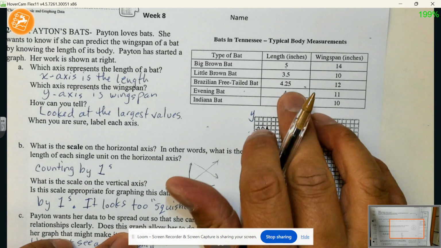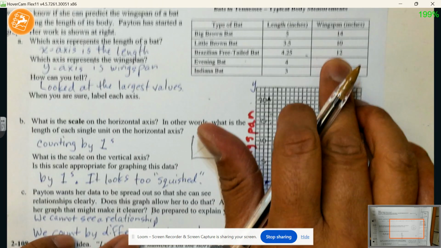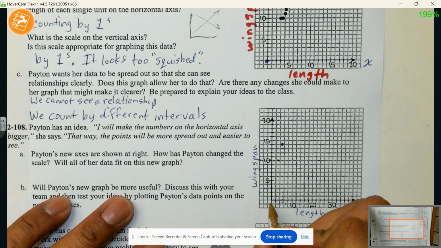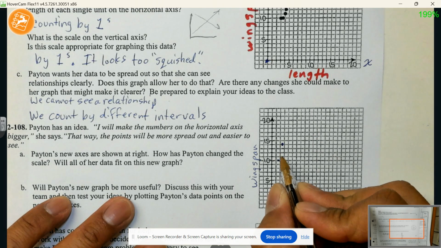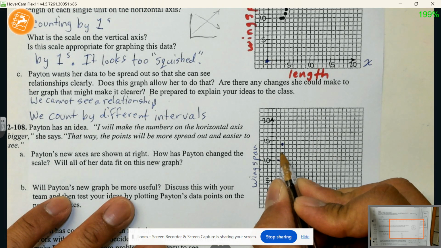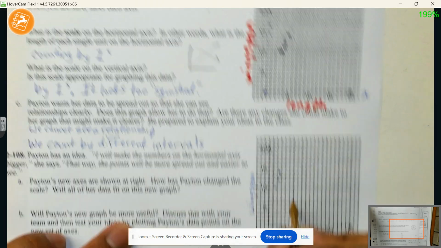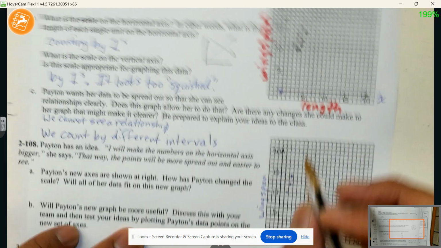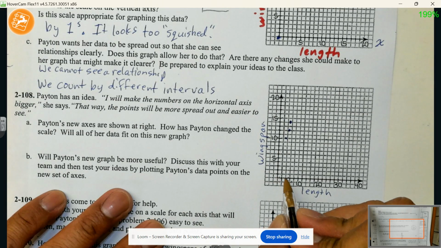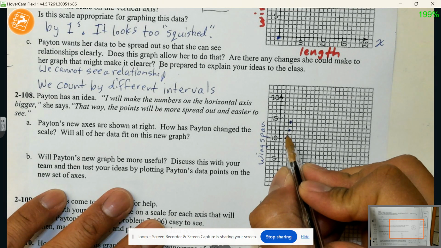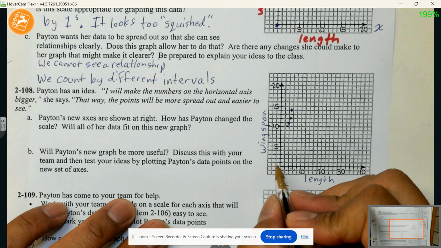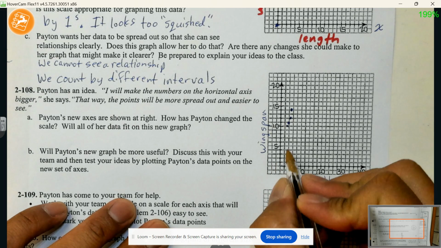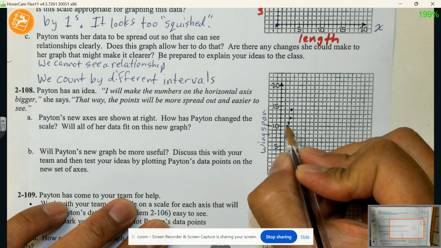Okay, next point is 4.25, 12. 2, 4.25, and then 12 is right here. Next point is 4, 11. So x is 2, 4, and y is 11. That's right here. And then 3, 10, 2, 4, so there's 3, and 10 is right there.